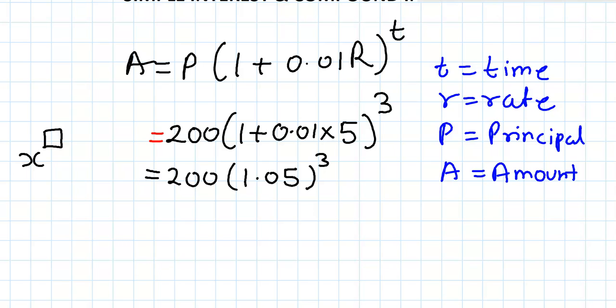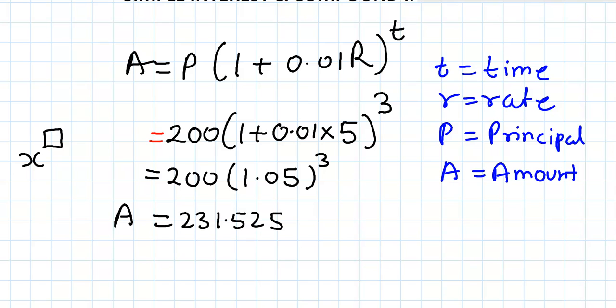What if you don't have a scientific calculator? You should be using a scientific calculator for this, otherwise I can tell you another way. We put 3 here and let's see what comes out. It is coming 231.525.